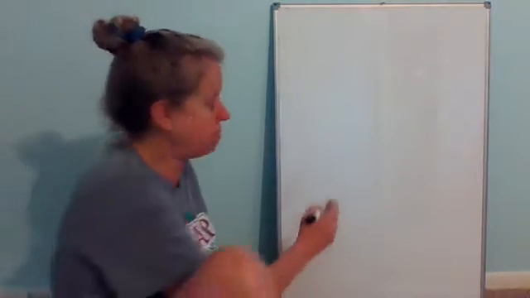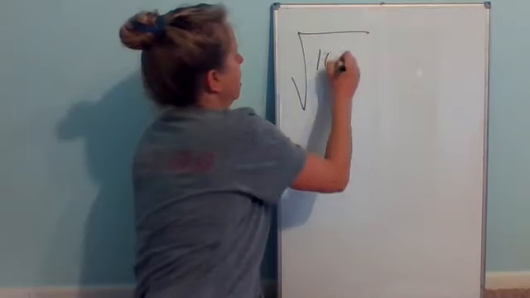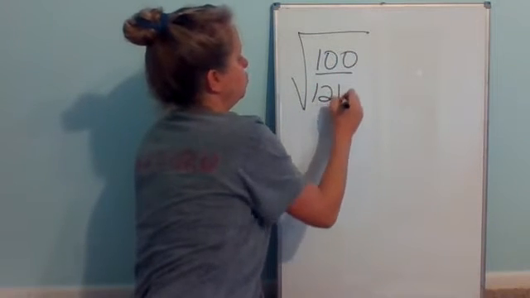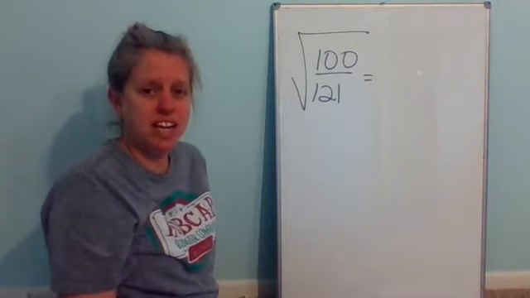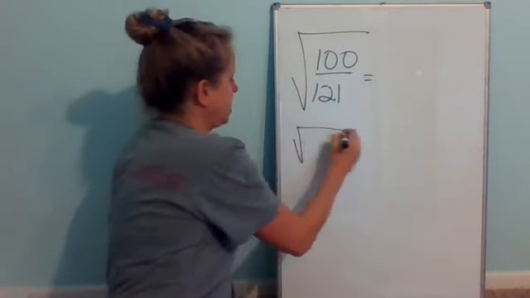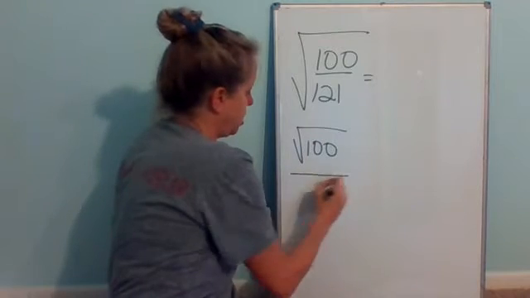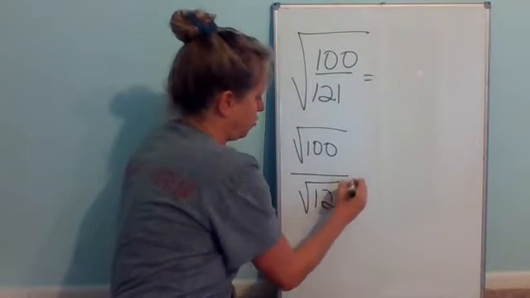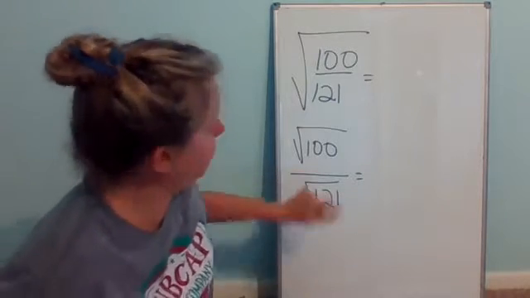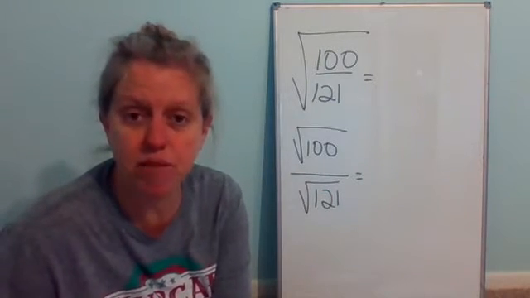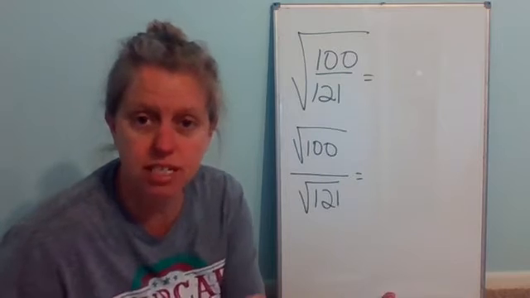Like on number 1, you have the square root of 100 over 121. Well, that's the same thing. Let's just rewrite that. That's the same thing as saying the square root of 100 over the square root of 121, and then just treat them as separate. What is the square root of 100? What times itself is 100? 10 times 10.